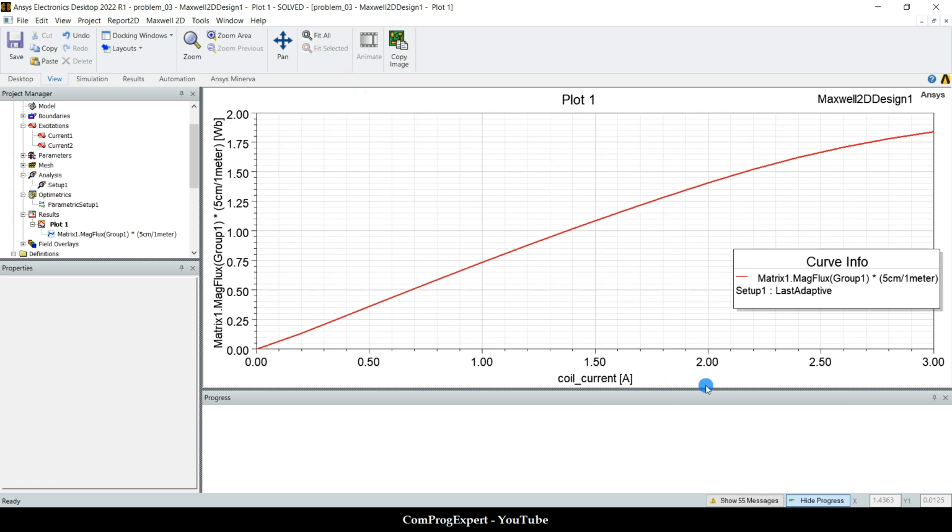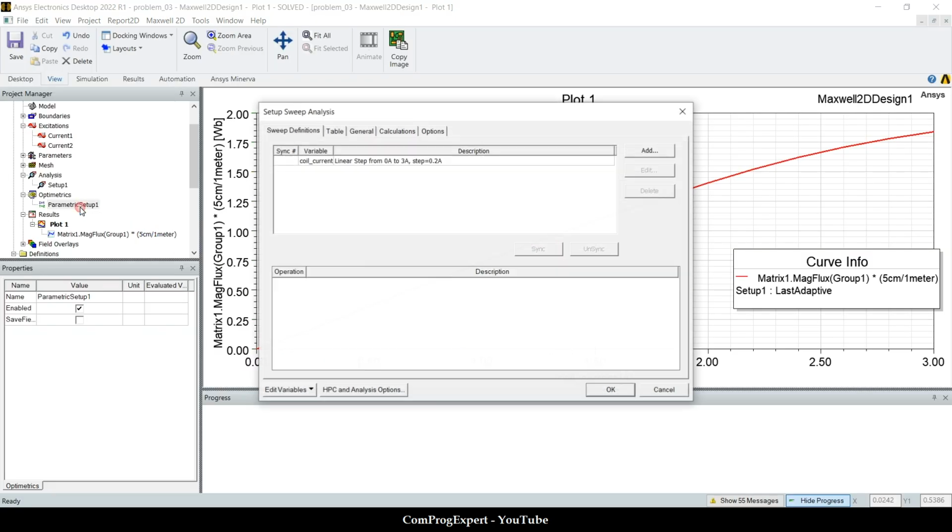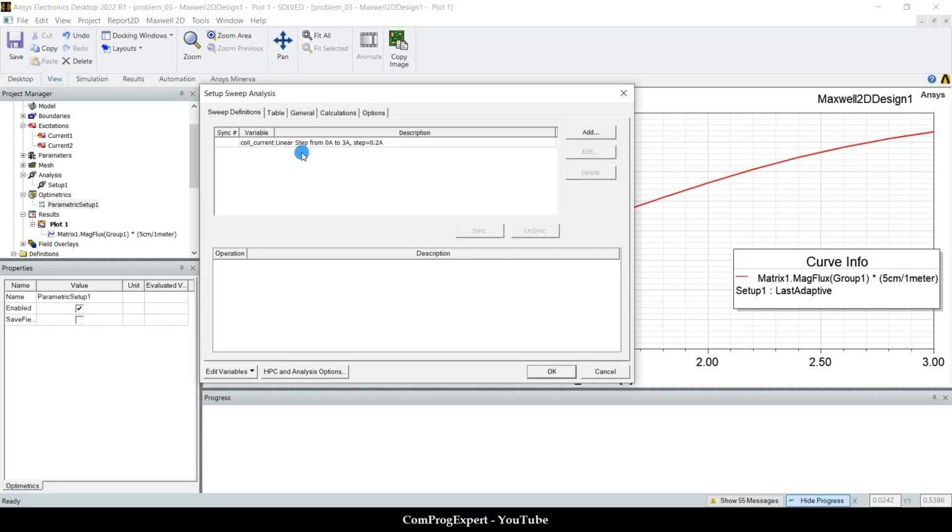If I increase the value of the current, we have a deep saturation, so we can have something like this. But how can we change the value of the air gap thickness? In this parametric analysis, we can also sweep over the value of the air gap.